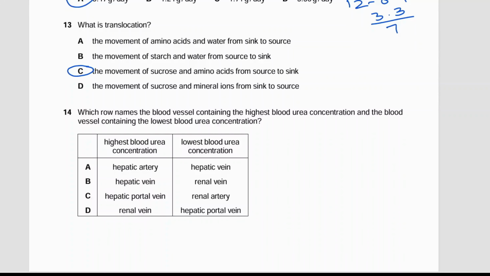Hepatic vein. Renal vein, because it's leaving the kidney, and while leaving the kidney, the urea gets filtered into the nephron. So the renal vein has the lowest urea, while the hepatic vein has the highest, since it's bringing the urea from the liver to the kidneys.